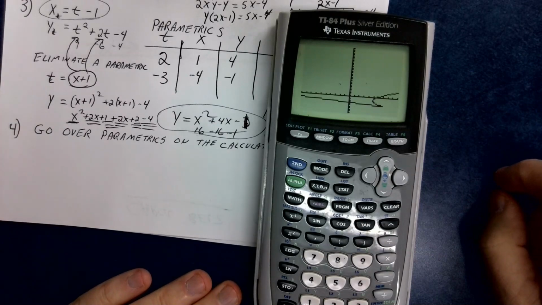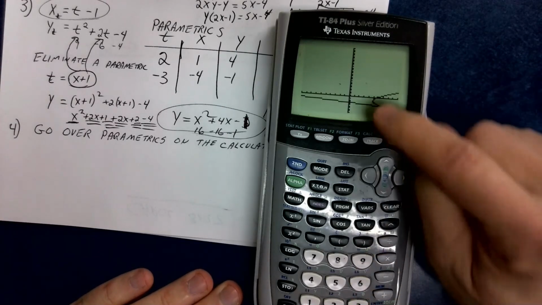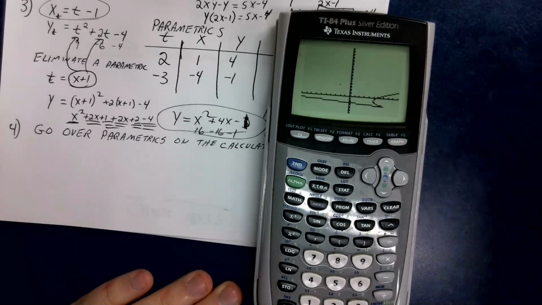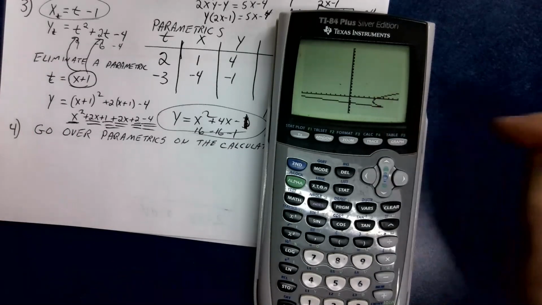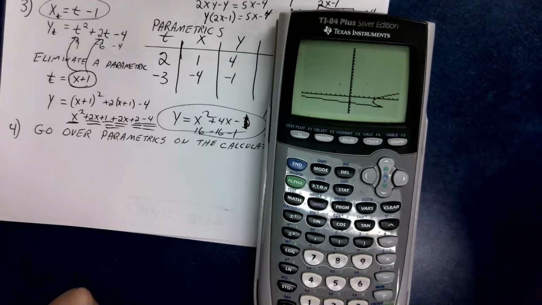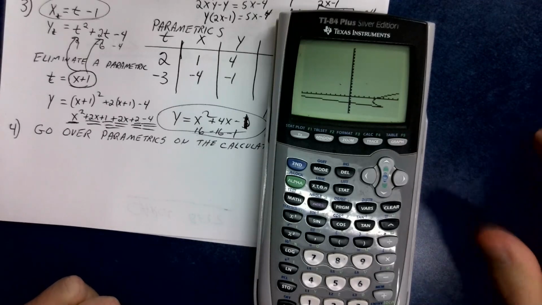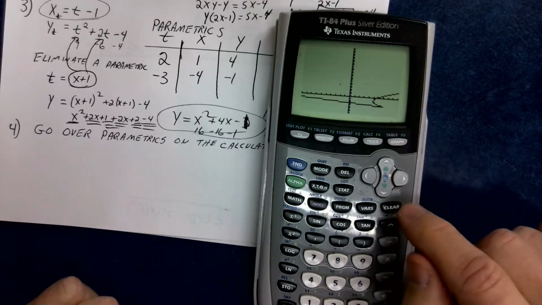Did you see that? It gave me something that really breaks the vertical line test. It gave me 3 points that are vertically above each other right in that location. And this parametric portion of it is what's going to allow us to do many, many different things as we go through here.